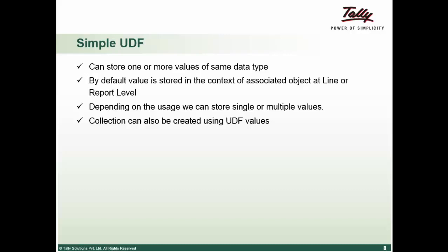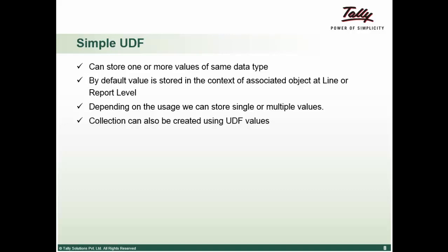So it can store one or more values of a single data type. When a UDF is used for storage, it stores the value in the context of the object associated at the line or at the report. So if the line does not have an object, it depends upon the report object. If the line has an object, it associates itself with that line to push the data for the object context.